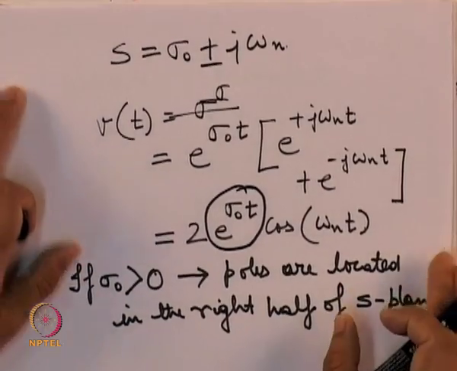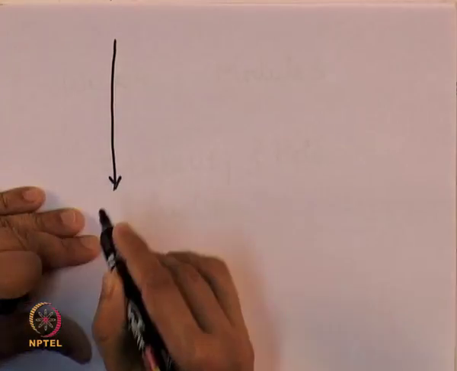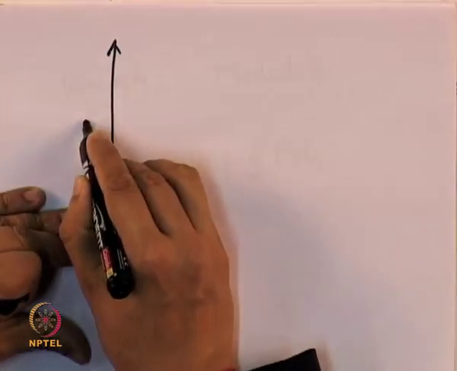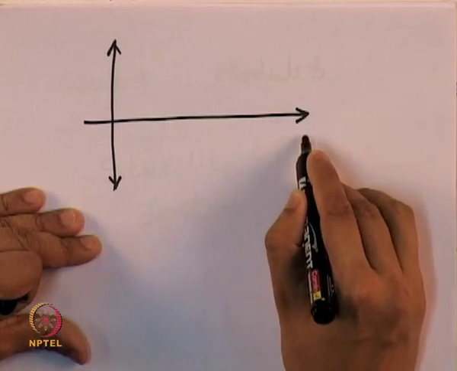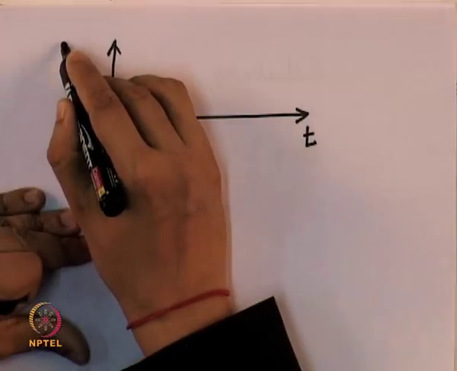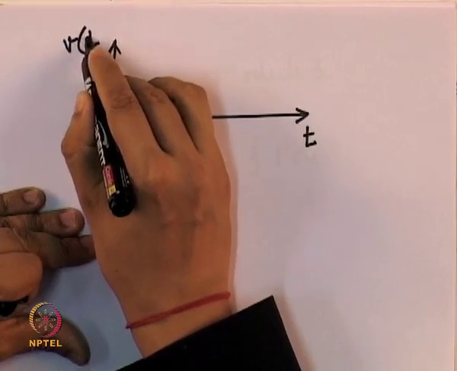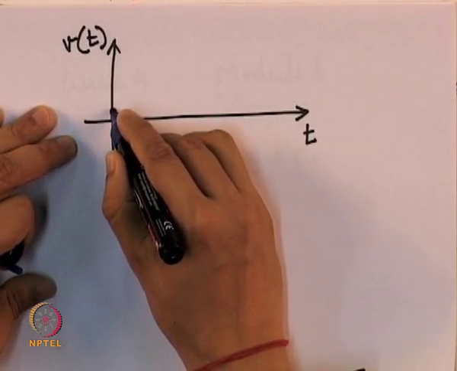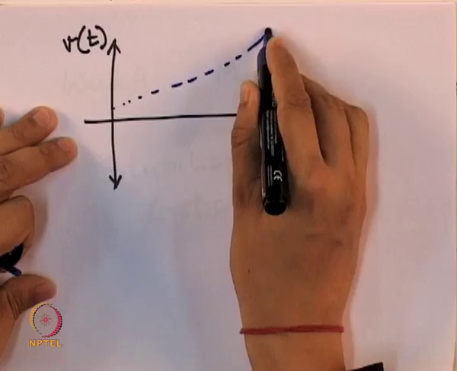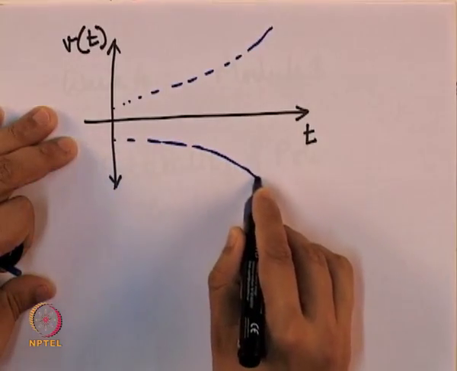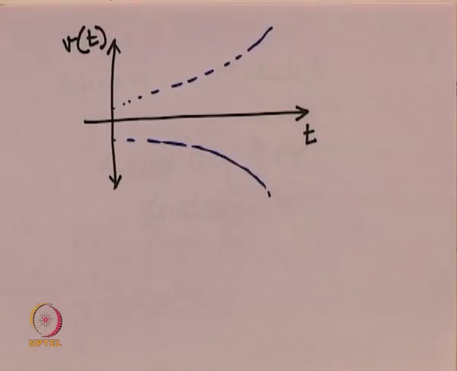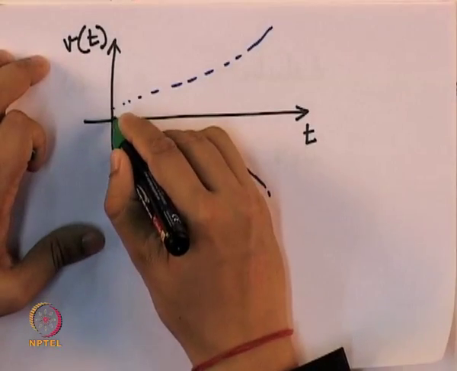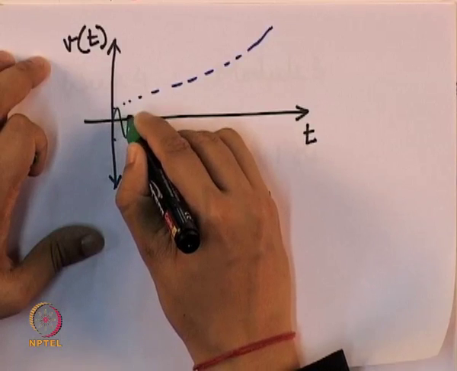As we discussed earlier, it will be something like this. So, there will be oscillation. This is the envelope of the output, and the output will be something like this.